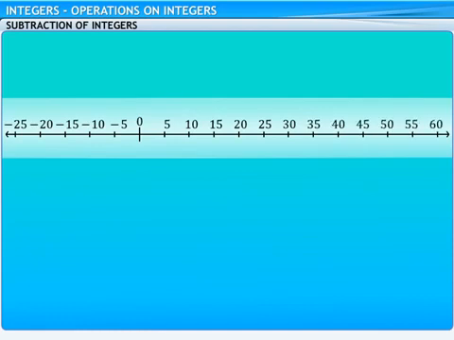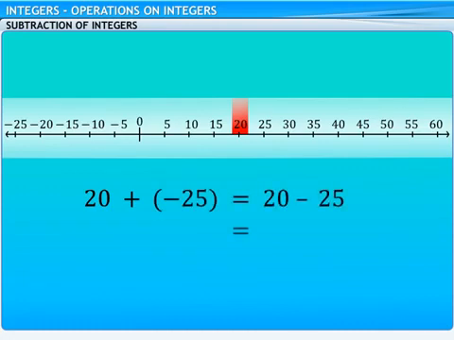Consider a number, say 20 on the number line. Let's add a positive integer, say 10, to this number. The sum of the two integers is 30. So, you can see that the point moves to the right, the positive side of the number line. In the same way, adding a negative integer, say minus 25 to 20, moves the point to the left, or the negative side of the number line.